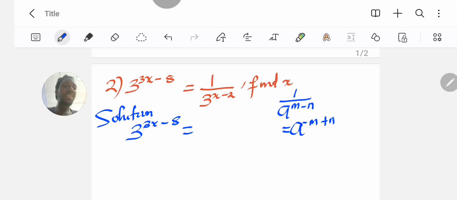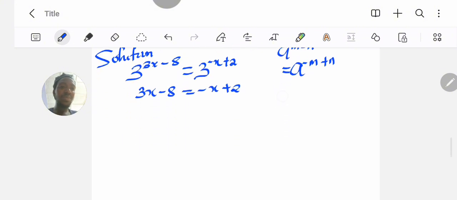Having established that, it also means this 1 over 3 raised to the power x minus 2 is the same as 3 raised to the power of, if x goes up, minus x, and if minus 2 goes up, plus 2. So we can equate the powers as 3x minus 8 equals minus x plus 2. We collect like terms. We have 3x, and if minus x comes to the left hand side, it becomes plus x.